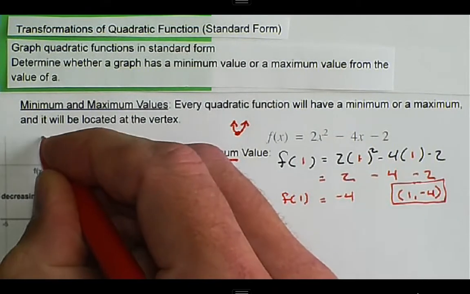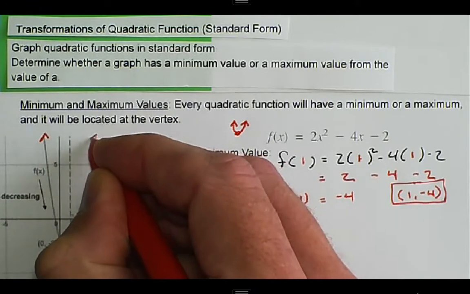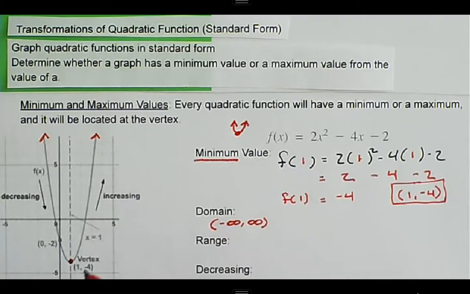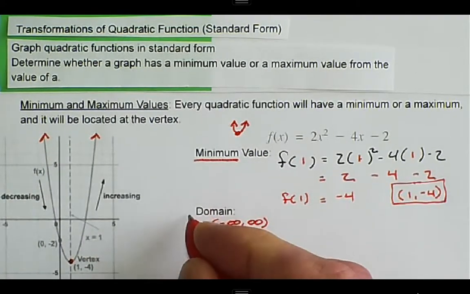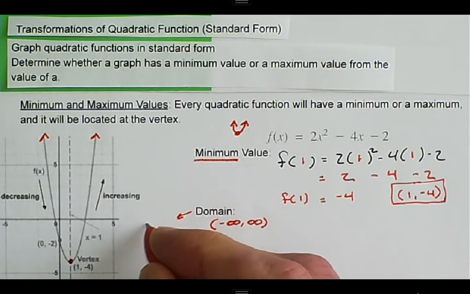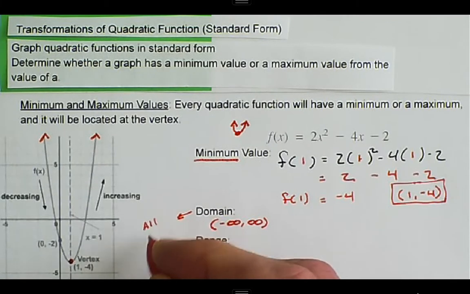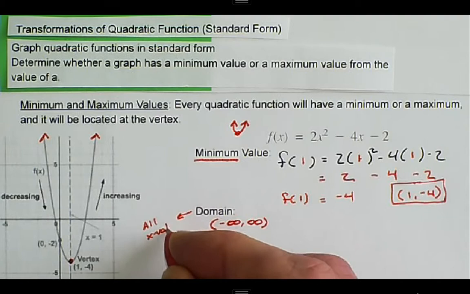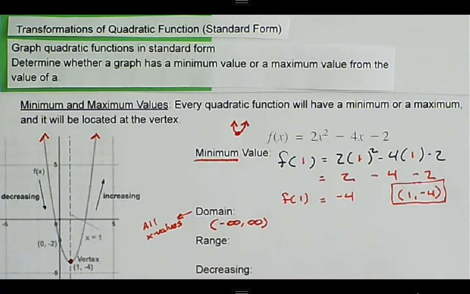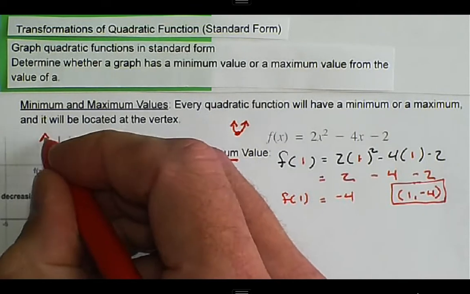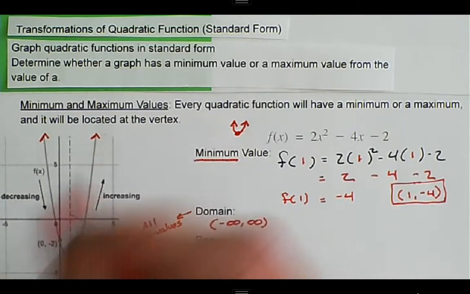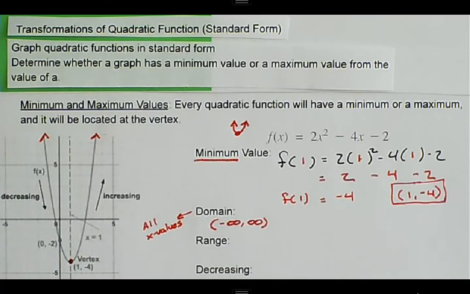There's an arrow up here, and there's an arrow up here. And in the x direction, the domain value, that's our x values, all x values, we can go all the way to negative infinity, and we can go all the way to positive infinity.